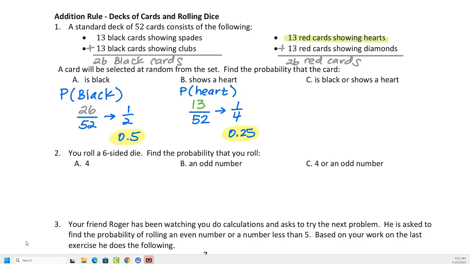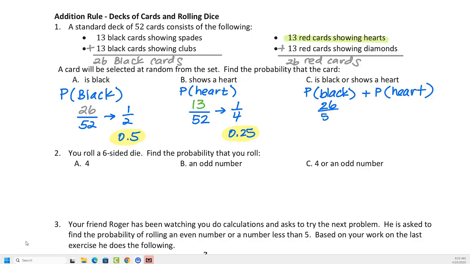Okay, what's the probability that it's black or shows a heart? Well, couldn't this be the probability of a black, and then you would add the probability of a heart? We already found the probability of a black.